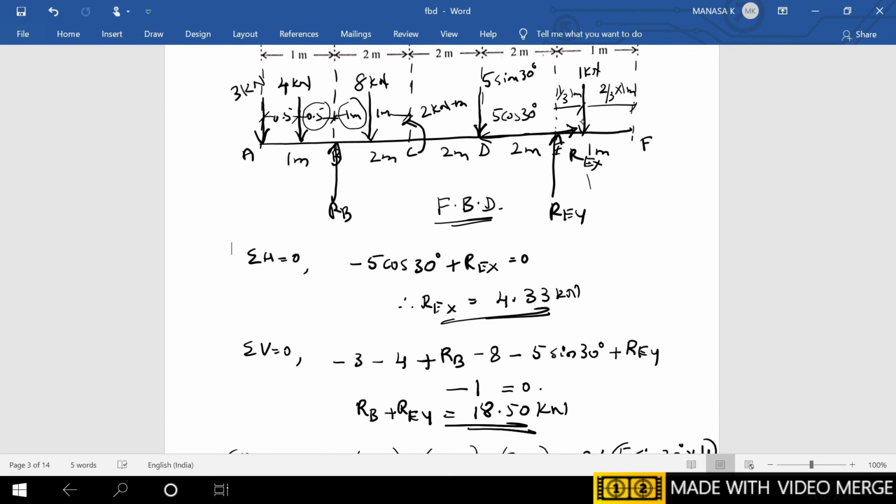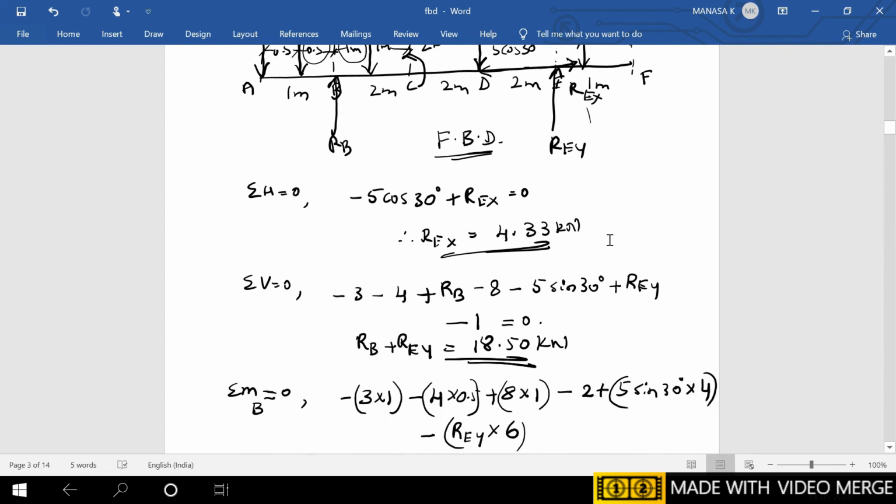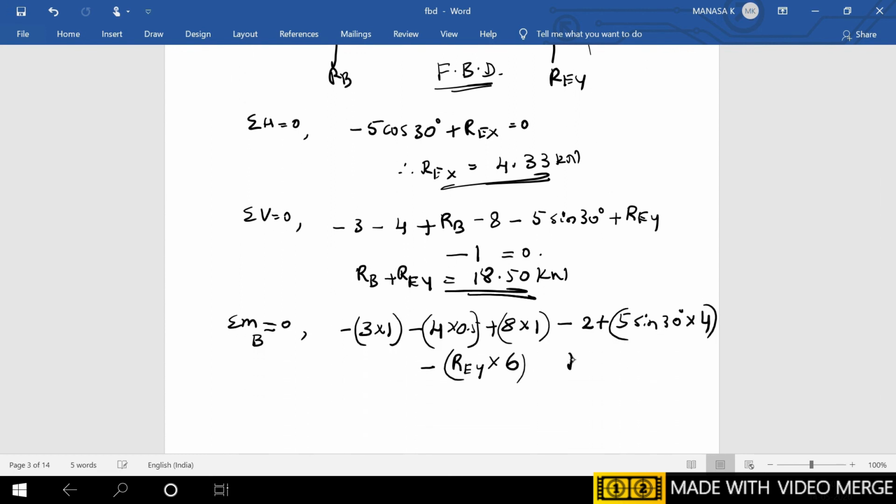Next, one more force, that is 1 kilonewton acting downwards. Imagine the line of action here. Point is here. From here to here you have to drop a perpendicular. So the distance here is 2 plus 2 plus 2 plus 1 by 3 into 1 meter, which will be the perpendicular distance. And the magnitude is 1 kilonewton. So it is 1 kilonewton into 6 plus 1 by 3 into 1 meter.